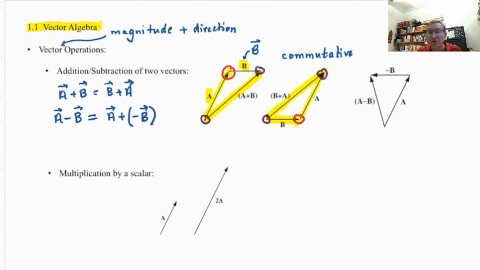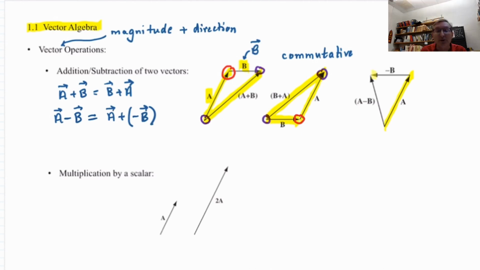And that's shown in this third picture over here. We're going to take A minus B. So first we'll draw the vector A, same A we've been using in all of these figures here. But then remember what the vector B was like? It was pointing to the right. So the vector negative B has the same magnitude as B, but points to the left.